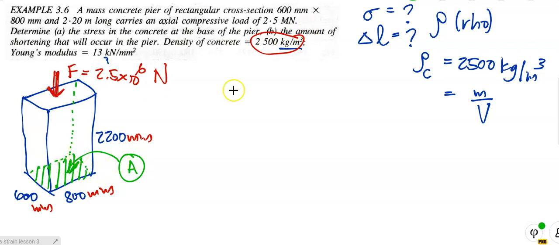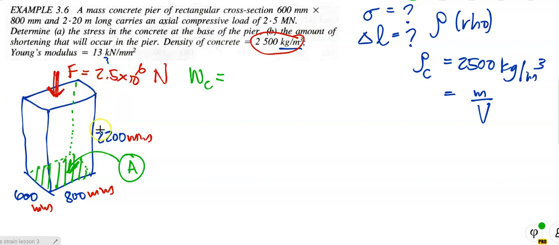Okay, right, so let's work out the weight of the concrete first. So I'll say weight of concrete. How are we going to do that? We have the density in so many kilograms per cubic meter. So what do I need to do? I need to work out the total volume of the concrete, which is 800 times 600 times the height.